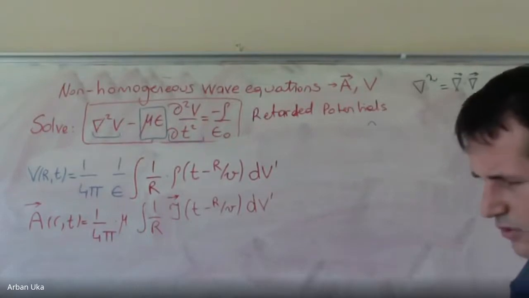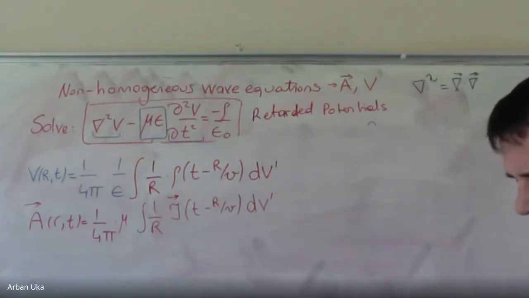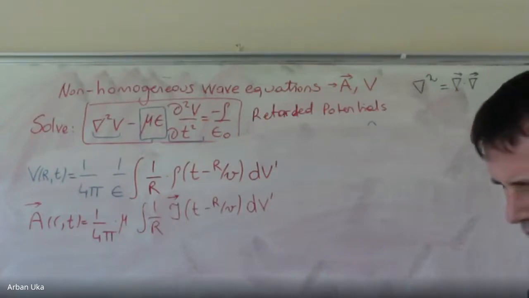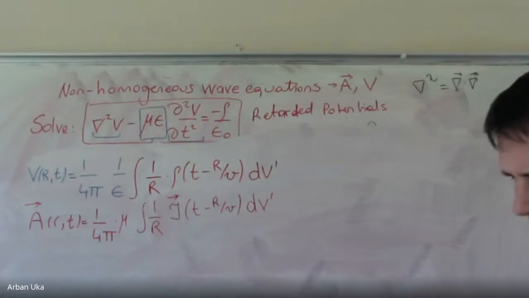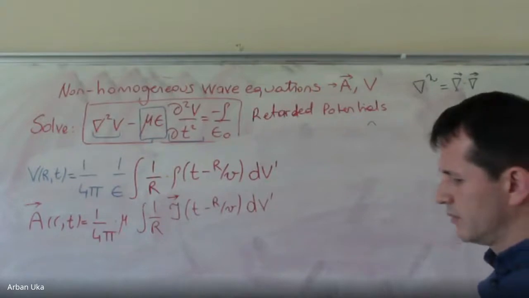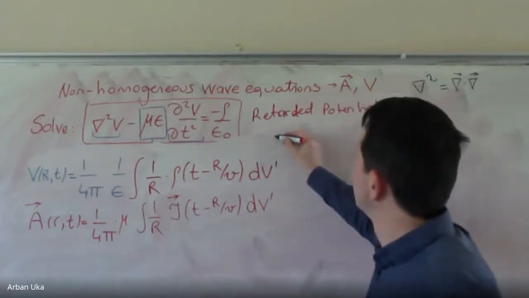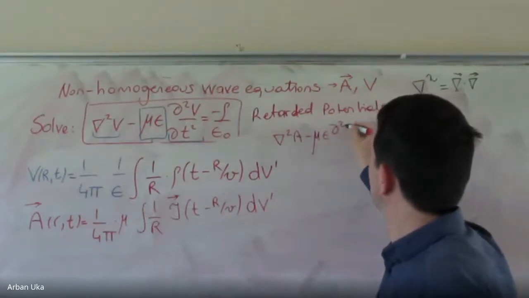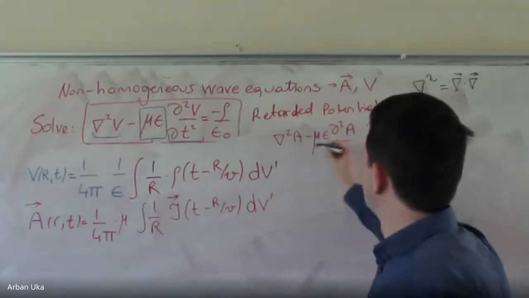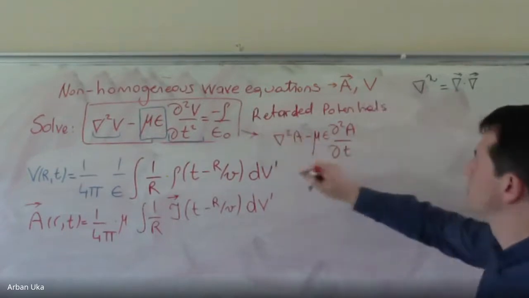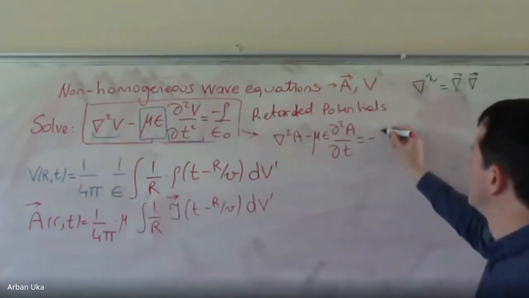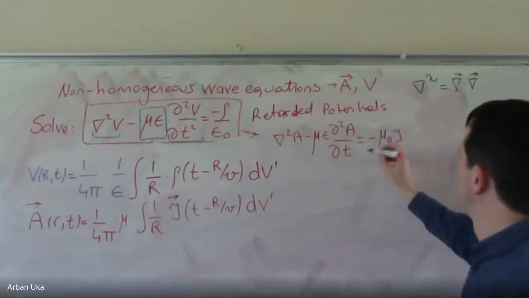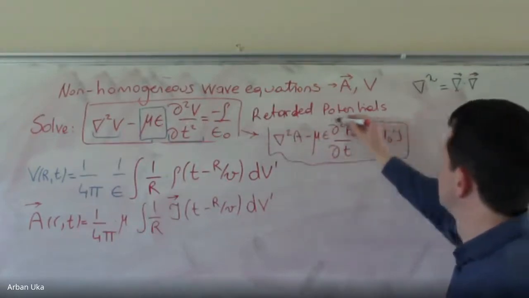Okay, so these are called the retarded potentials, and that's what we have for this. And just notice also a little similarity between the differential equations.